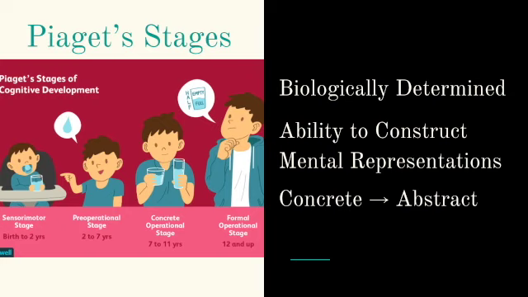Throughout Piaget's life, he wrote that intelligence was fundamentally a biological process, that you can't separate the adult mind from the basic sensory motor toolkit of the baby mind. It's just built on that foundation.